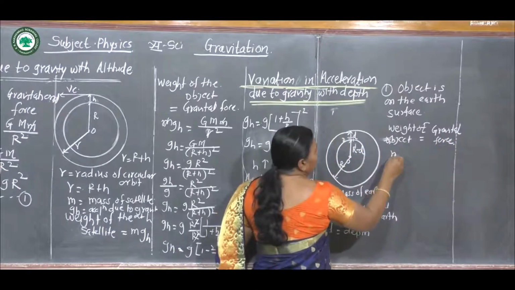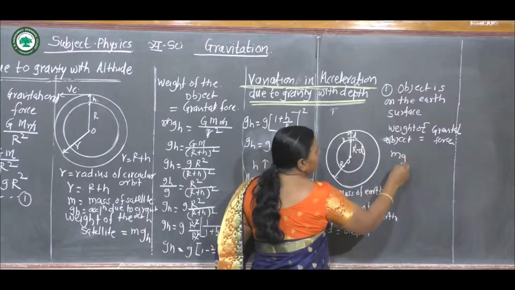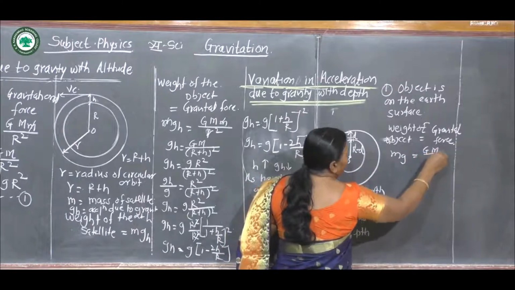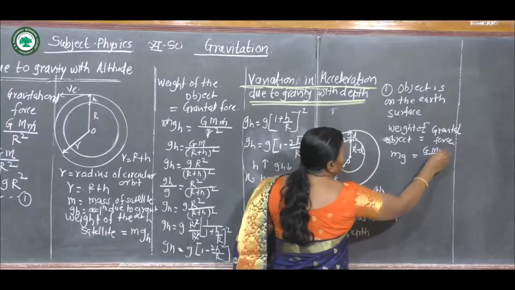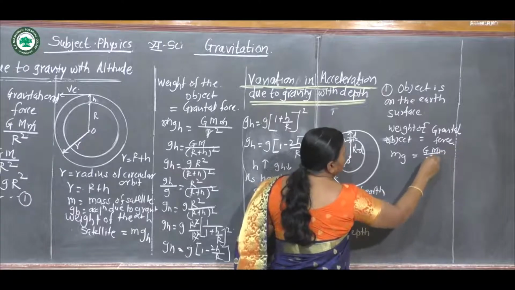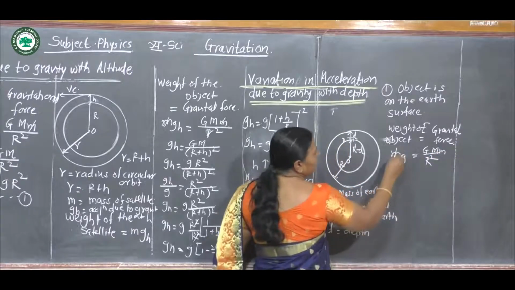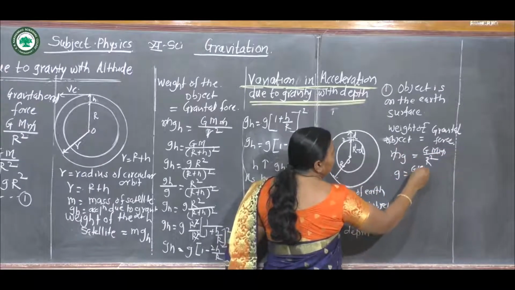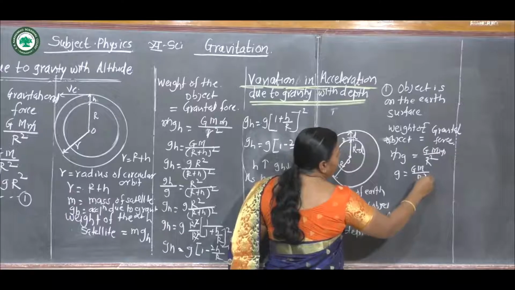Weight of the object on the Earth's surface is mg, and again it is GMm divided by R square. Now in this case, m gets cancelled, g is equal to GM divided by R square.